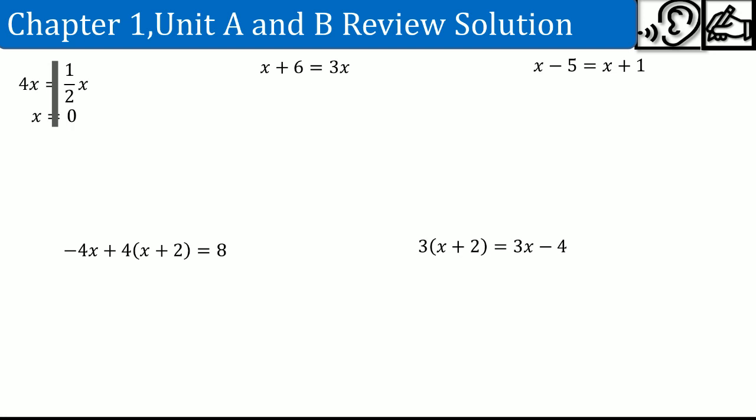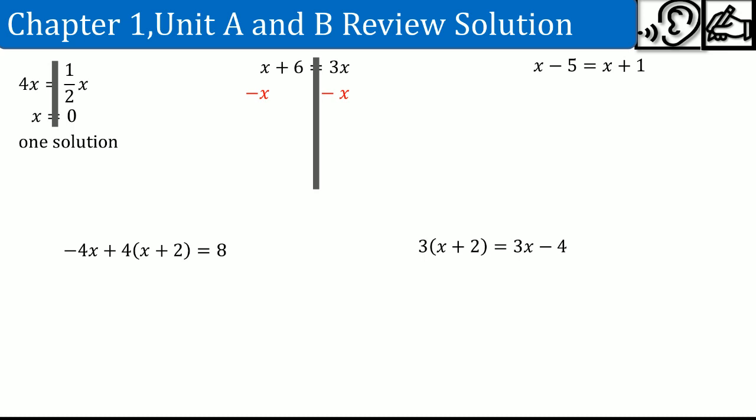If you plug in 0, it's 0 equals 0, which is sort of infinite as well. So it's sort of weird, but the book considers this x equals 0, and you would consider this as one solution.